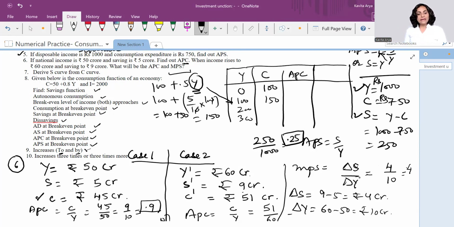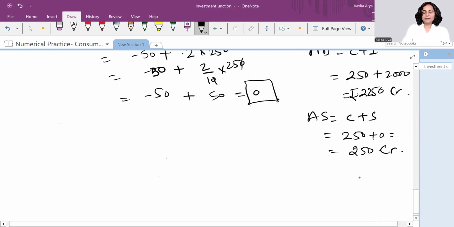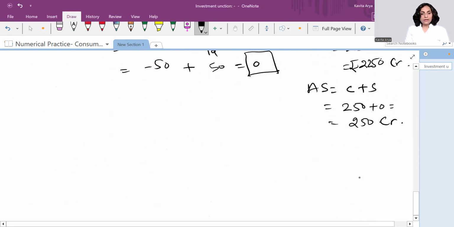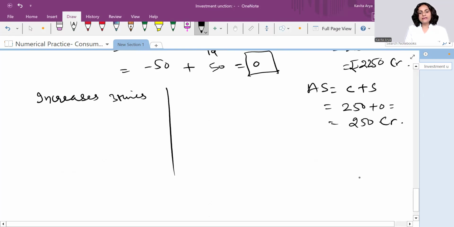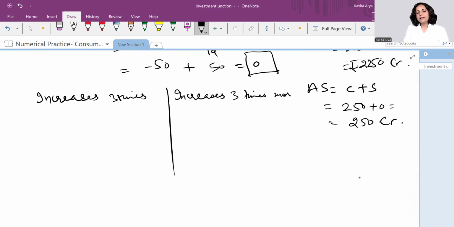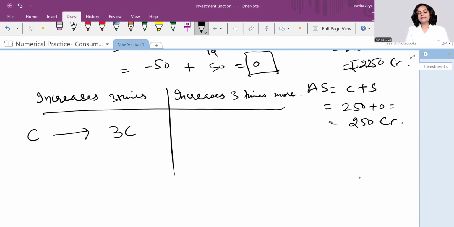Right. Similarly, increases 3 times and increases 3 times more. What does it mean? Let me help you. There is a term increases 3 times and the other case is increases 3 times more. It means if you're talking about any variable, say C increases 3 times means C now has become 3C.